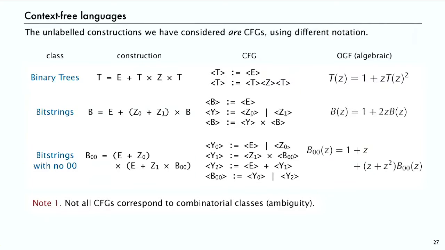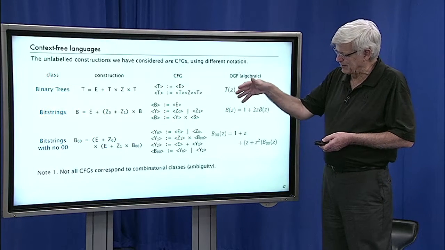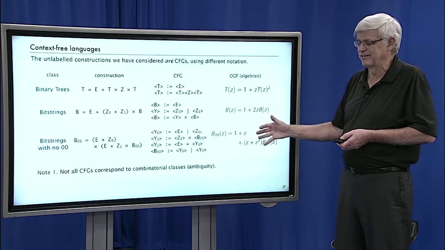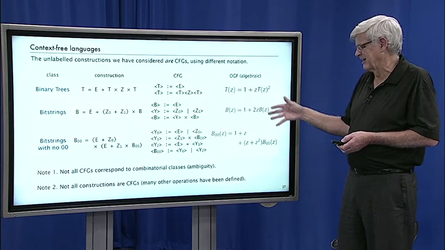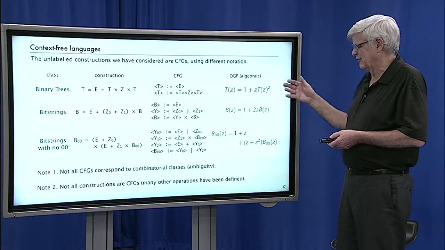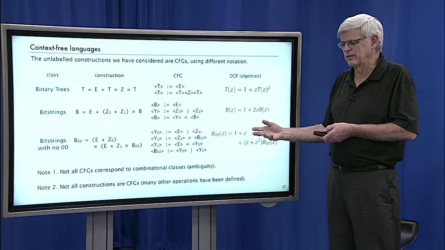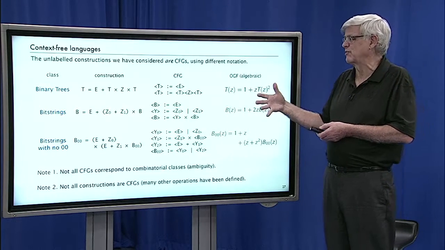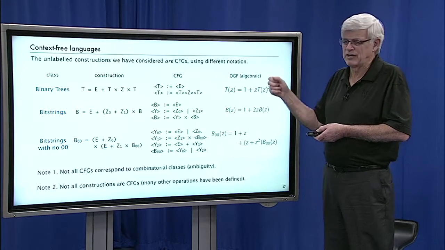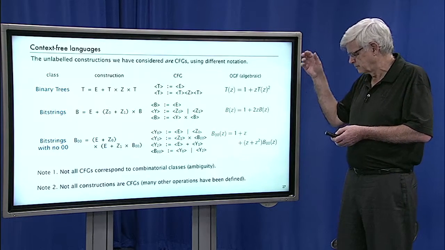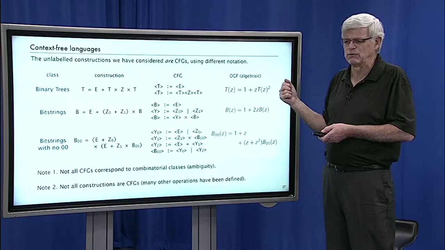Now, because of ambiguity, not all context-free grammars correspond to combinatorial classes that we can enumerate in this way, and not all constructions that we consider in the symbolic method are context-free grammars, because there are other operations that we use besides just concatenation and or.